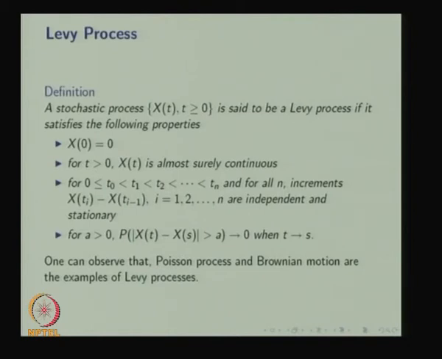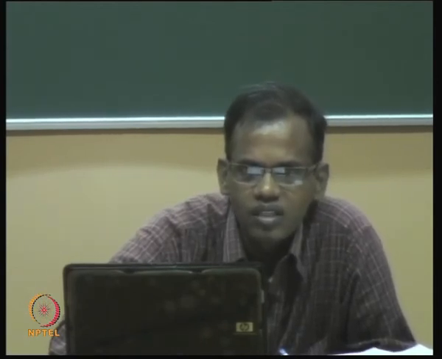Whereas in the Poisson process definition, we give the fourth property as the increments being Poisson distributed random variables with parameter lambda times (t − s), where W(t) − W(s) is the increment for s < t.